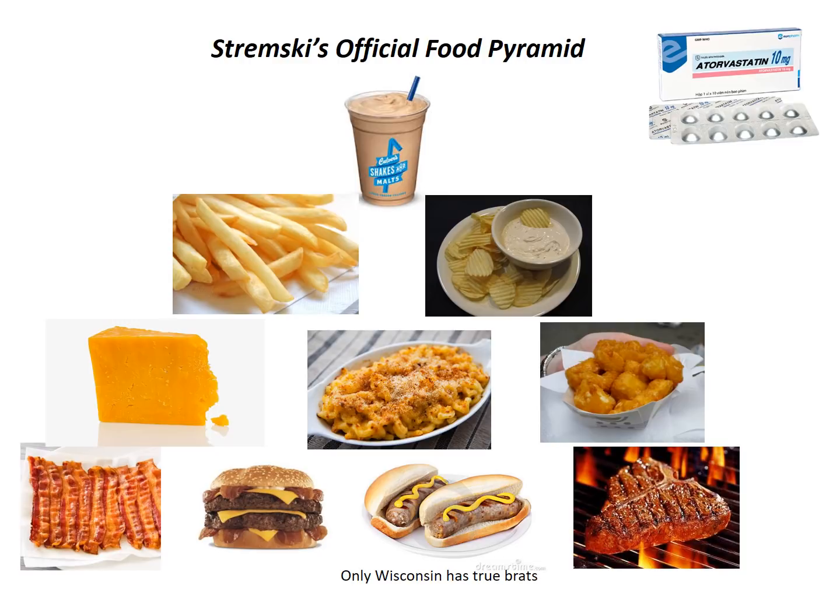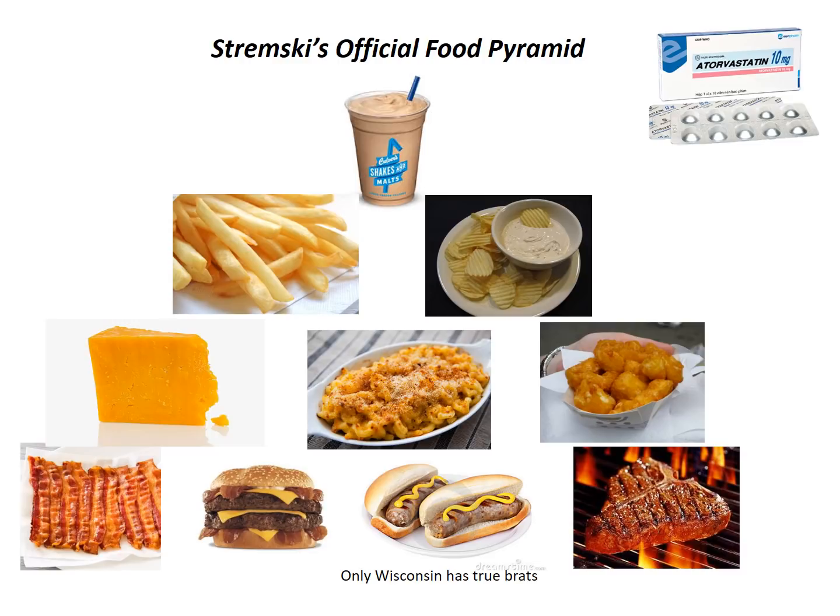And then it's all topped off with a chocolate shake or chocolate malt. So this is my official food pyramid, and this may be why my internist put me on atorvastatin last year. Seriously, I've been on atorvastatin for a year, and I've had to change my diet because this just doesn't work really well in the long run, does it?